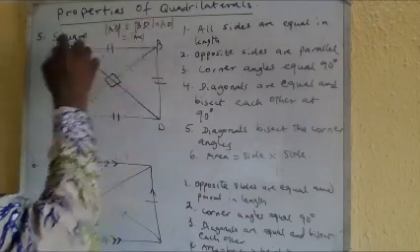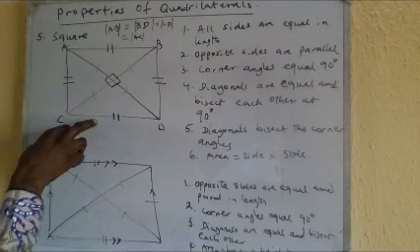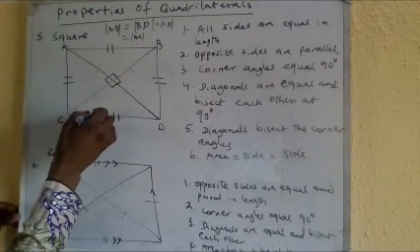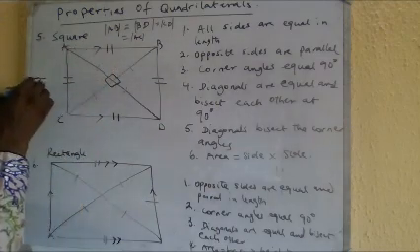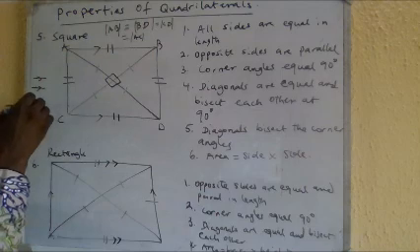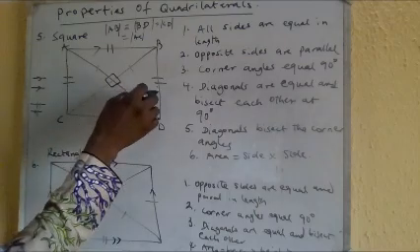So they are all equal. The two opposite sides are parallel. Parallel looks like this, this arrow, and this symbol is equal. So this is parallel to this, and this is parallel to this.